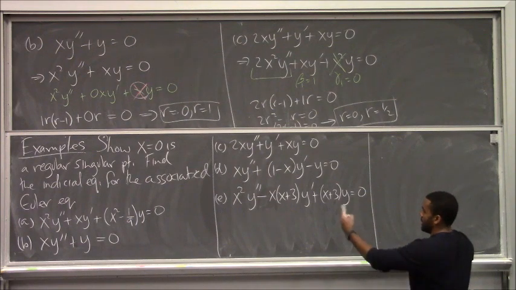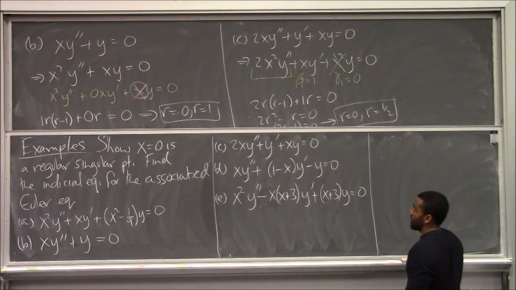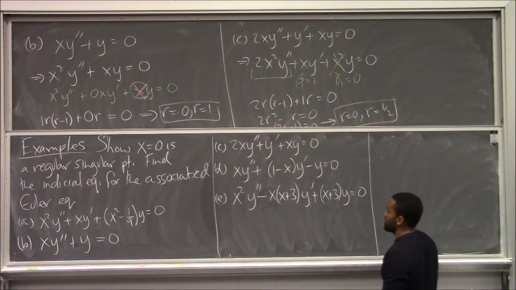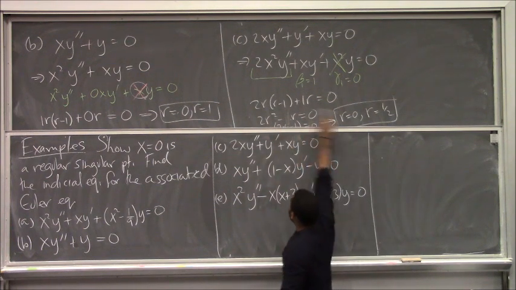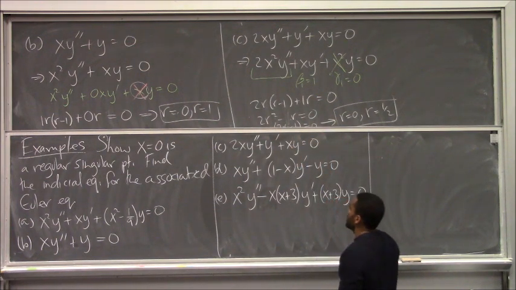Okay, quick, someone tell me the answer to this. R equals 0. Tell me the initial equation. X squared y prime plus 1. No, the initial equation is the guy with the r's. Oh. Bring it to this level. r squared minus r plus. We can't do it in our head.